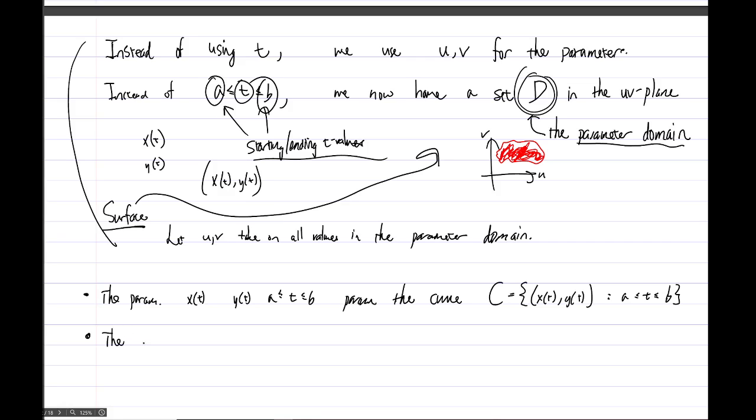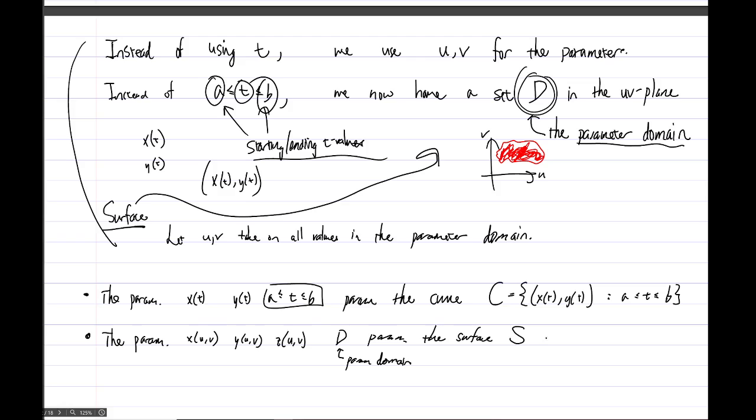And then what we're about to look at is the parameterization x of u comma v, y of u comma v, z of u comma v, and then the thing that replaces this is now instead the set D, the parameter domain. Okay, what this will do is parameterize the surface.